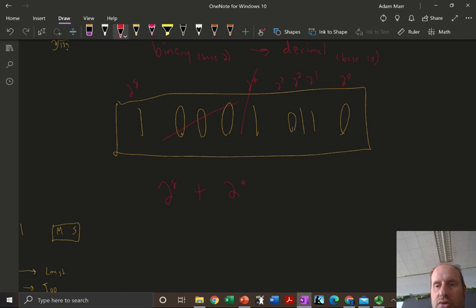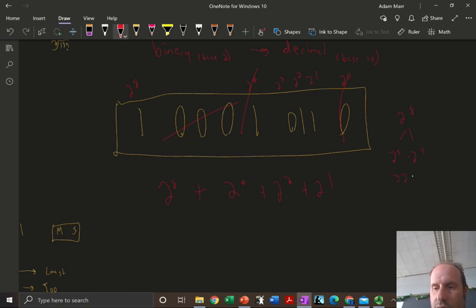And then we have 2 squared and 2 to the 1st. The zeros are not going to affect anything at all. So that's 2 to the 8th power, which is 2 to the 5th times 2 to the 3rd.